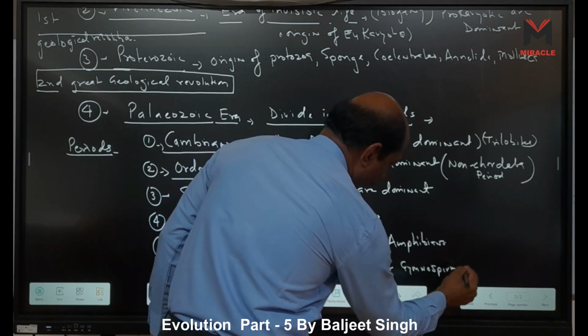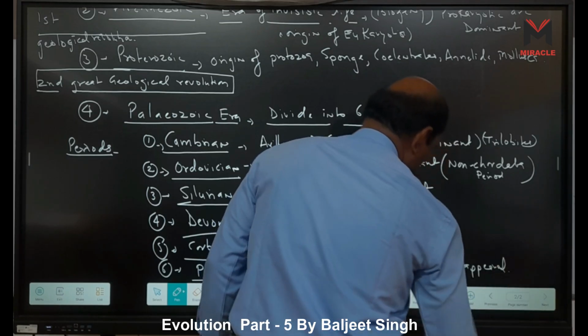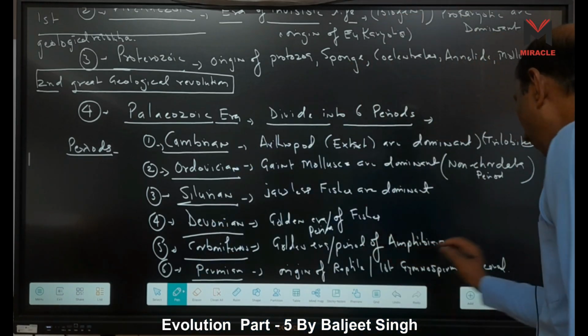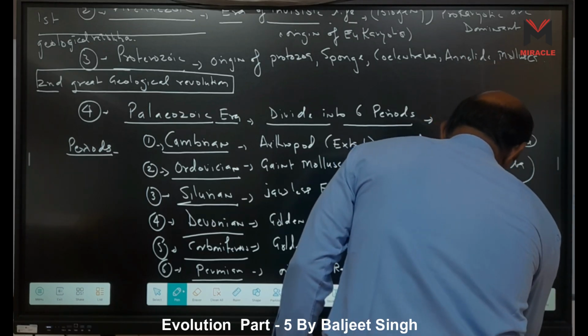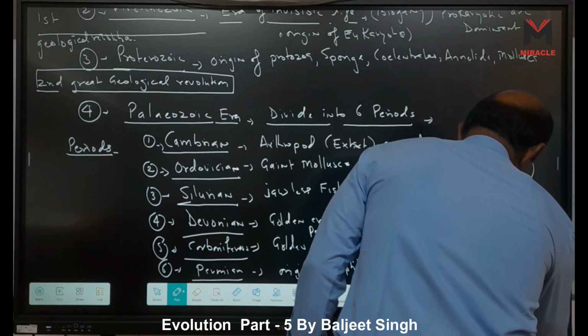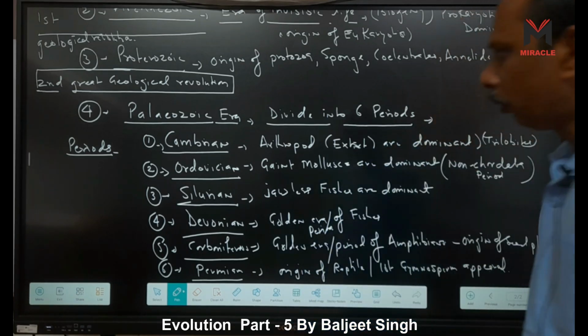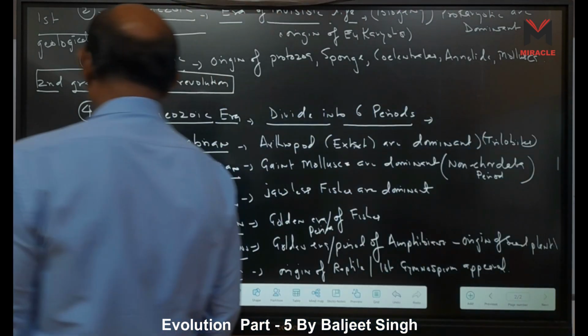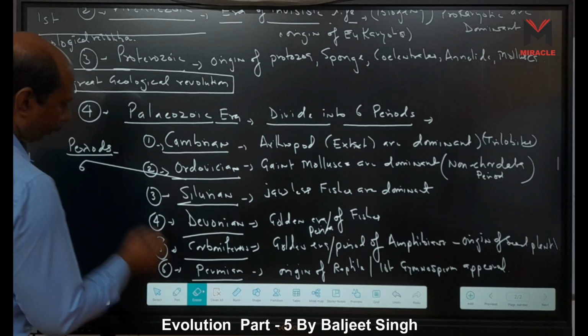And Carboniferous means origin of seed plants, right? So this is the Paleozoic, and Paleozoic contains how many periods? 6 periods.